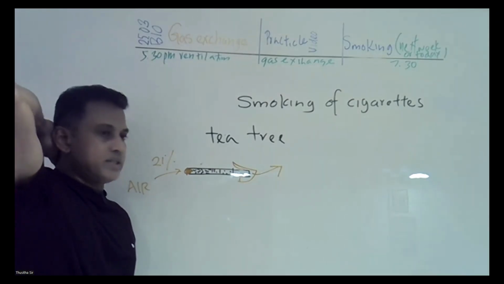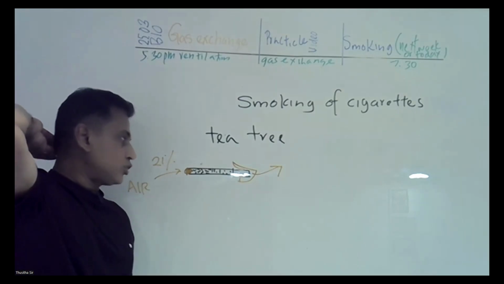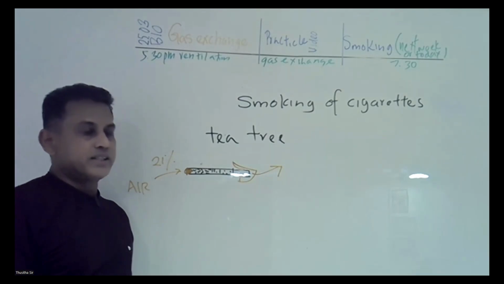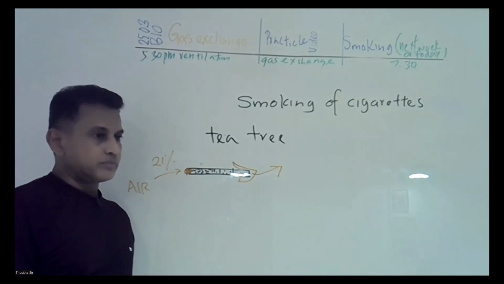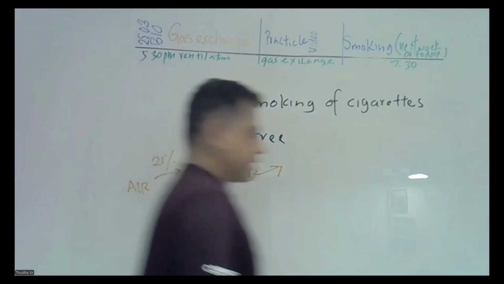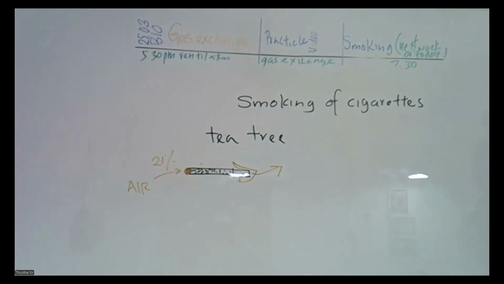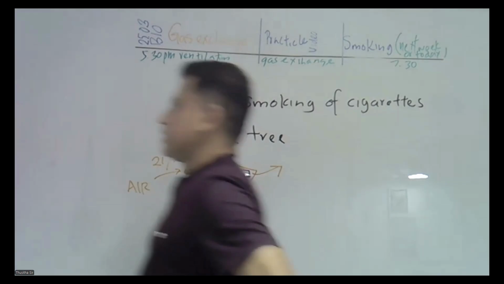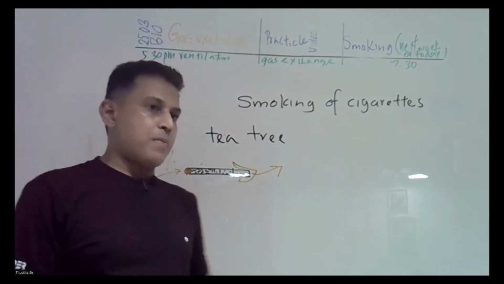The next point, the second point: the tobacco plant contains thousands of chemicals.